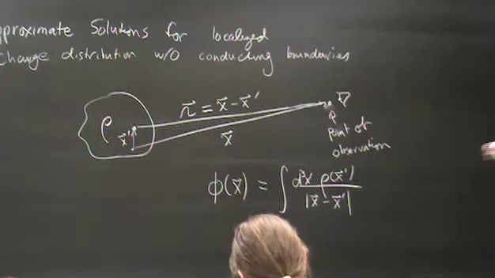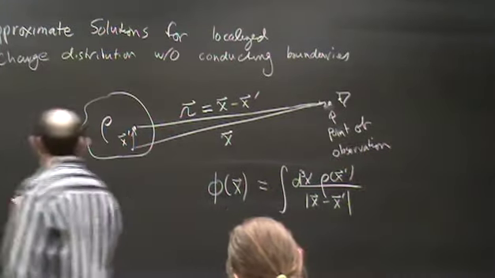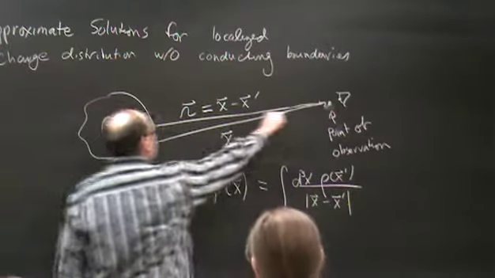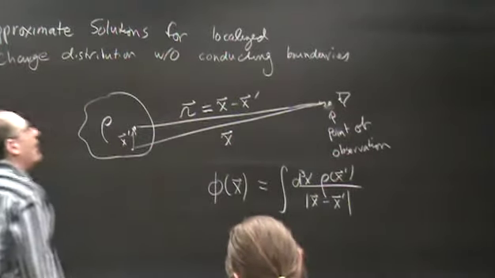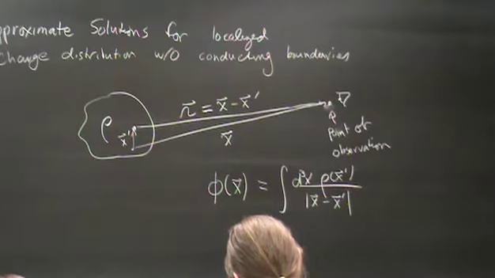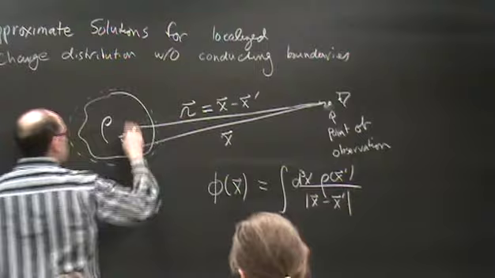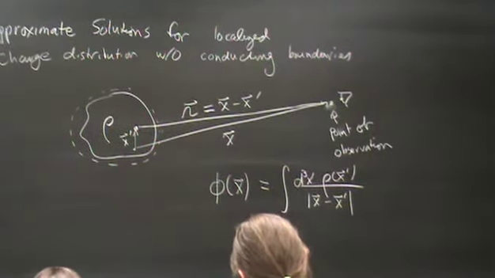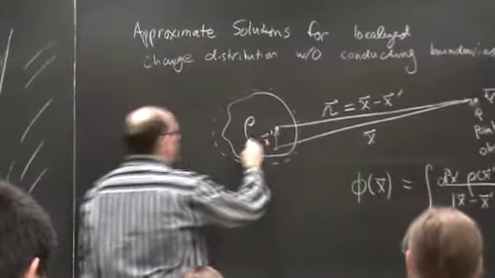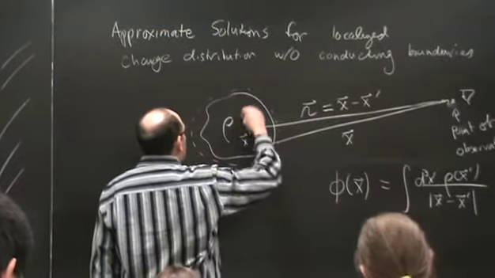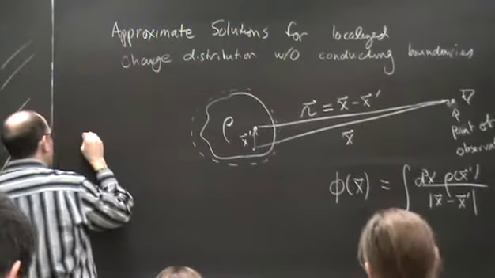So what we want to look at is the case where the distance of observation is much, much bigger than the distance from the origin to any other point in the source. We want to consider if there's some size of the source.